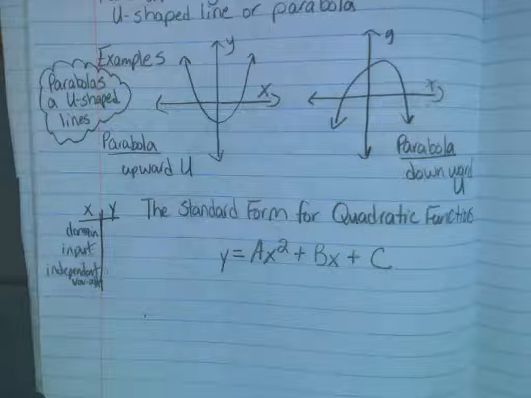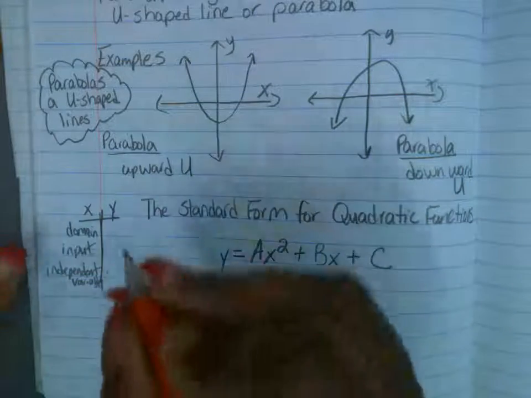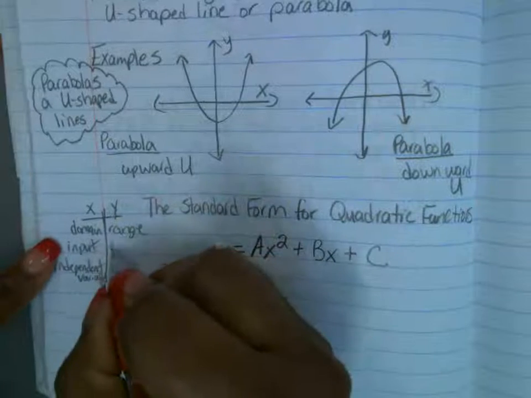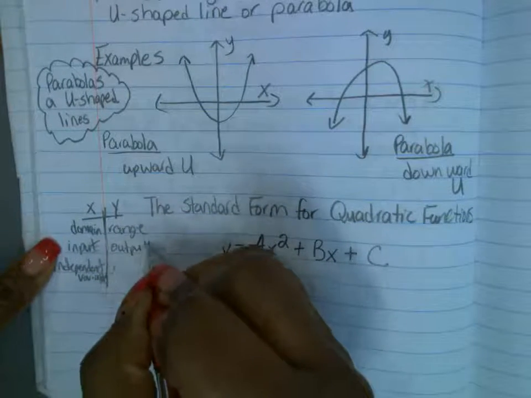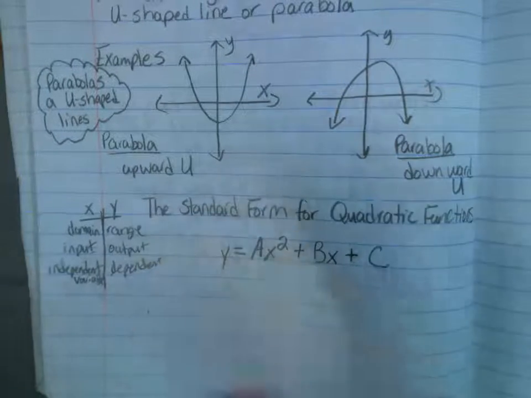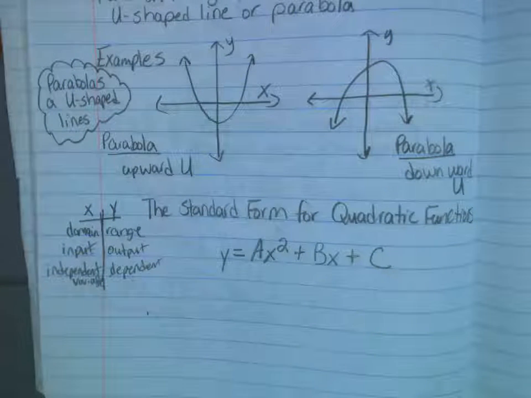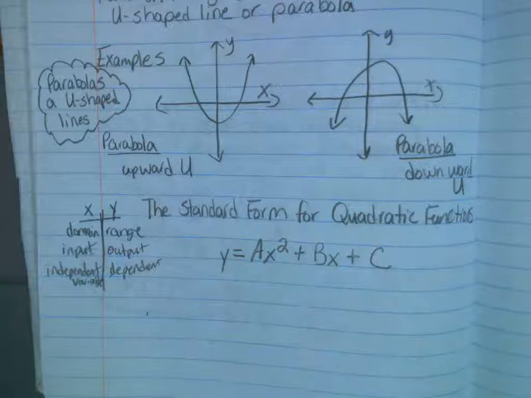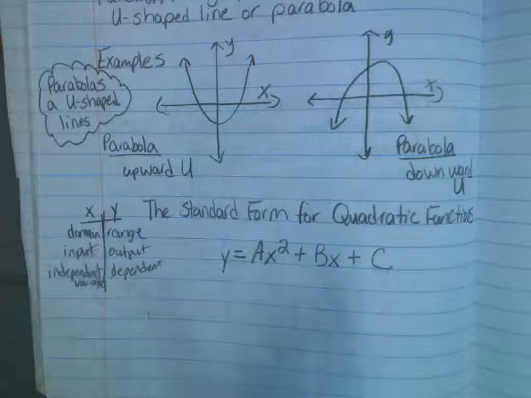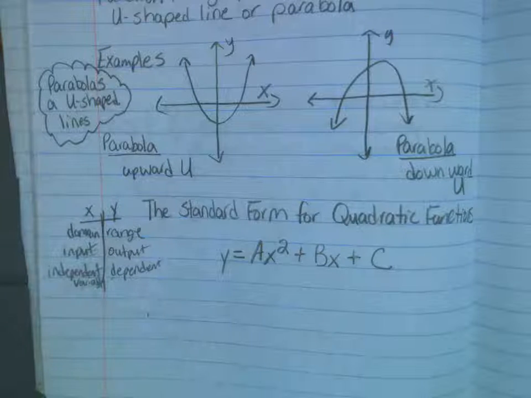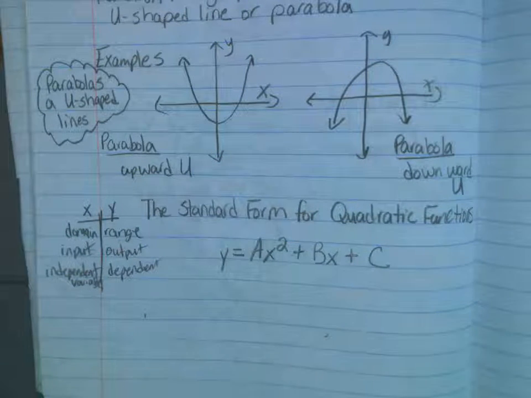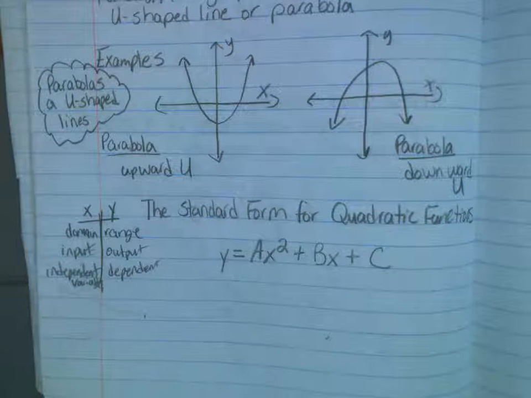Your y. Other words that mean y: it's range, your range values, your output, your dependent variable. It's dependent for linear, exponential, and now quadratic, because the answer, your output, is dependent on whatever x is. In order to find y, you have to know what x is. You can't find y without knowing what x is.